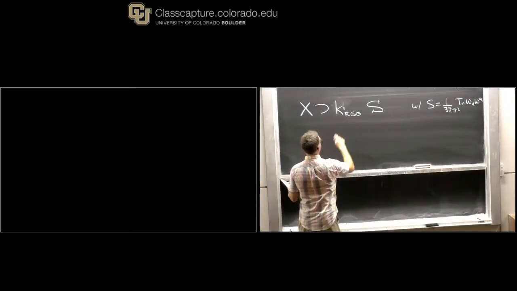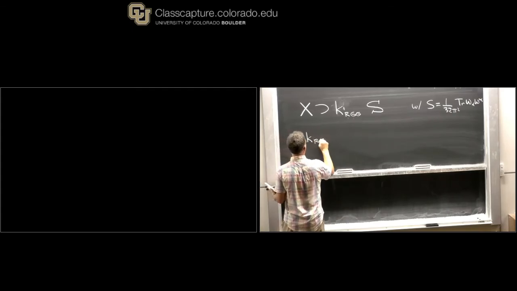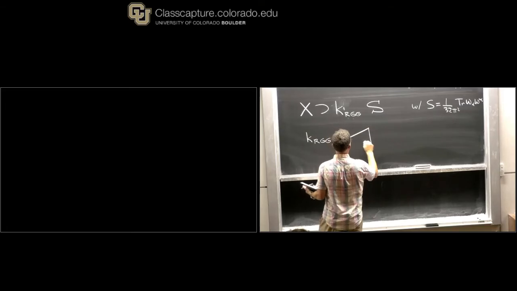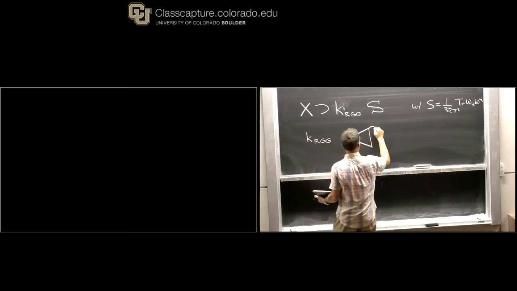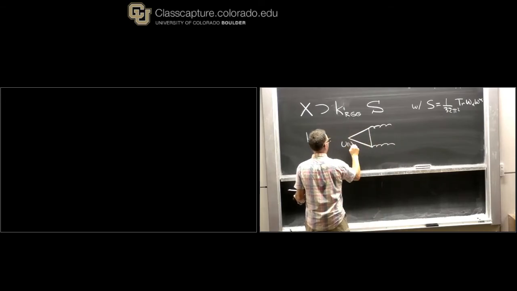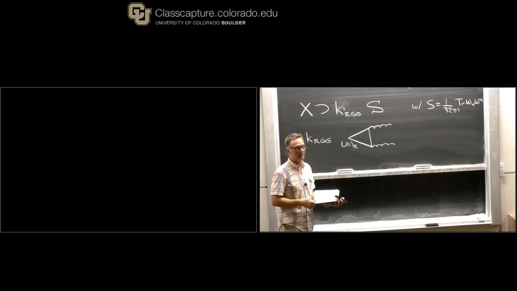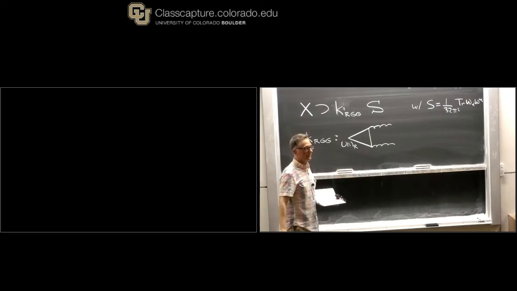And what's this K_RGG? This K_RGG encodes the R symmetry anomaly. So if we have here the gauge fields and the U(1)_R current, and if the R symmetry is anomalous, this coefficient is non-zero and we can calculate it.